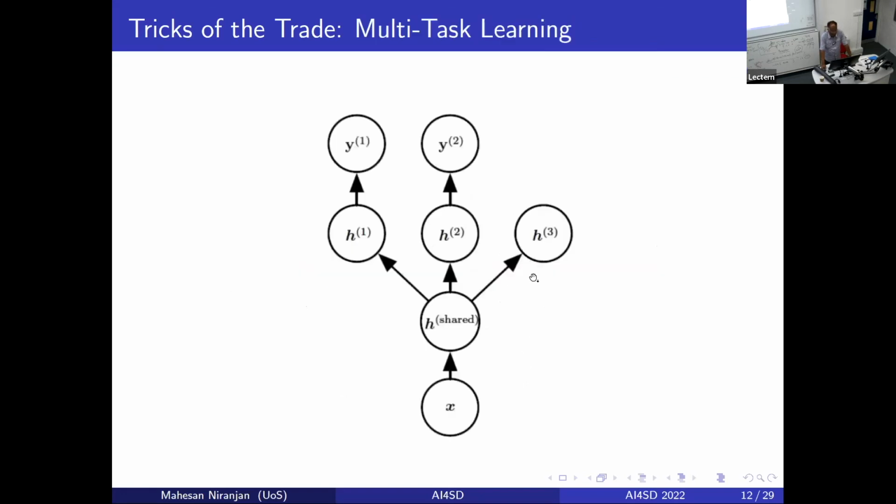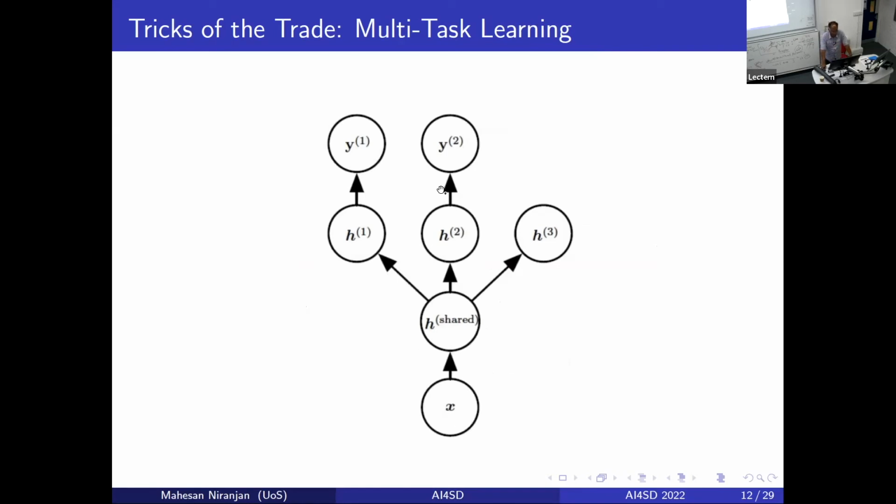There's another nice trick called multitask learning. This is quite cool. You want to go not from X to Y, but you want to solve 2 problems at the same time, X to Y1 and X to Y2. If the 2 tasks that you're trying to solve have underlying functional relationships between them, then doing them at the same time buys you more than doing them independently. What can you do there?